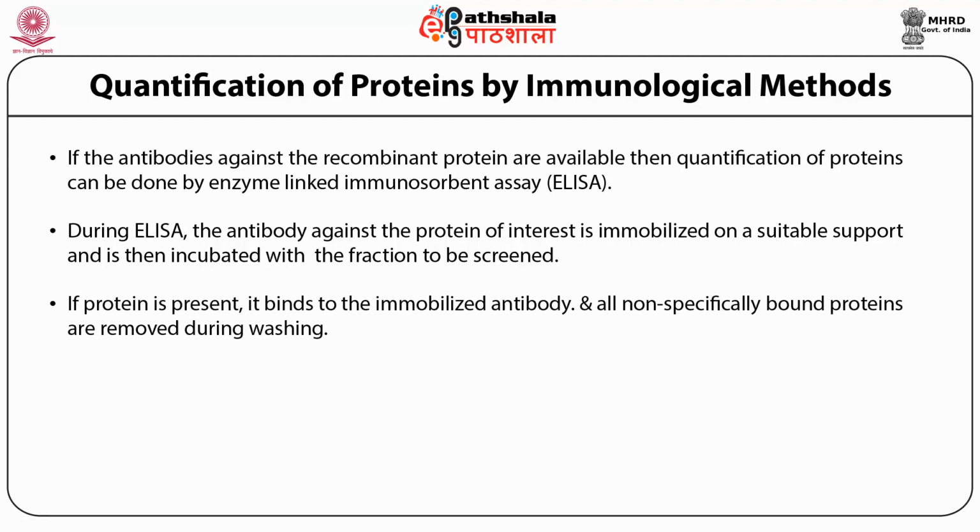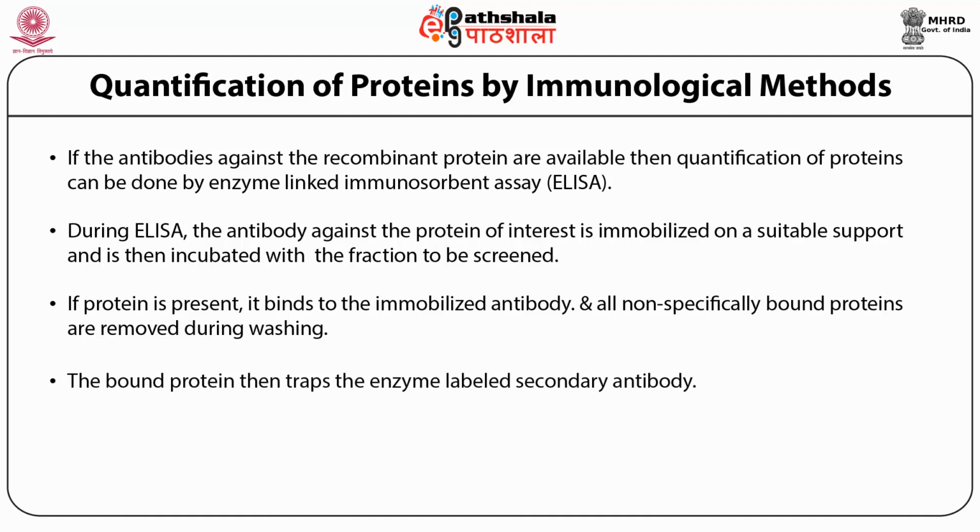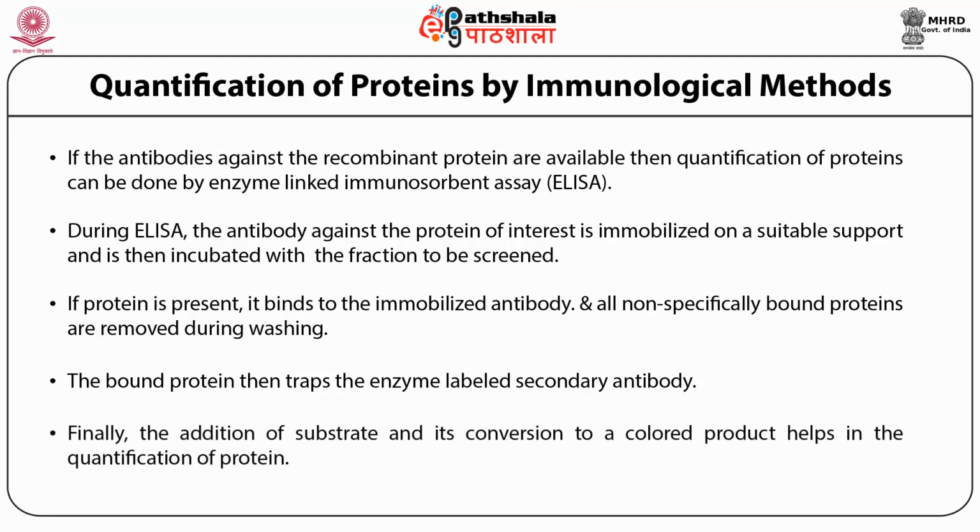Non-specifically bound proteins are later removed during the washing stage. The bound protein then traps the secondary antibody, which is enzyme labeled. After the washing procedure, if the substrate for the enzyme is added, its conversion to a colored product helps in the quantification of protein.